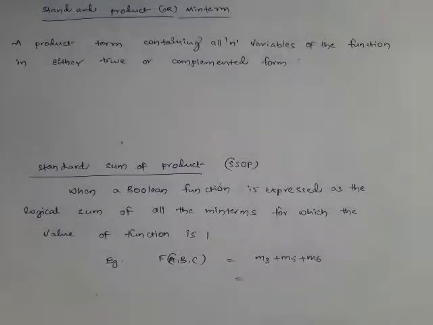That means if a function depends on, say, 4 variables, the product term must contain all the 4 variables, either in true form or in complemented form. Then that product term is called a standard product term or min term of the function.